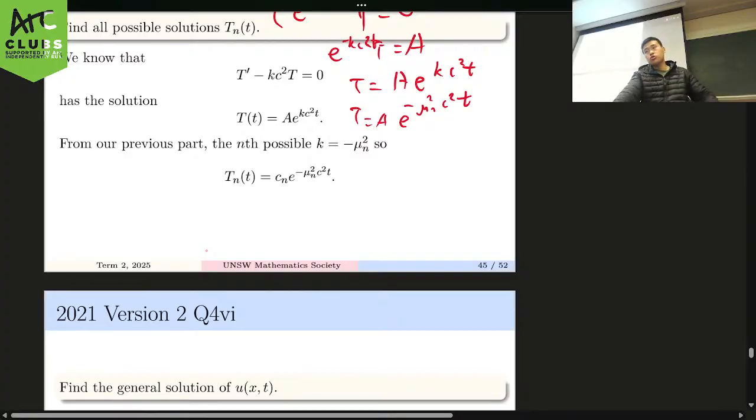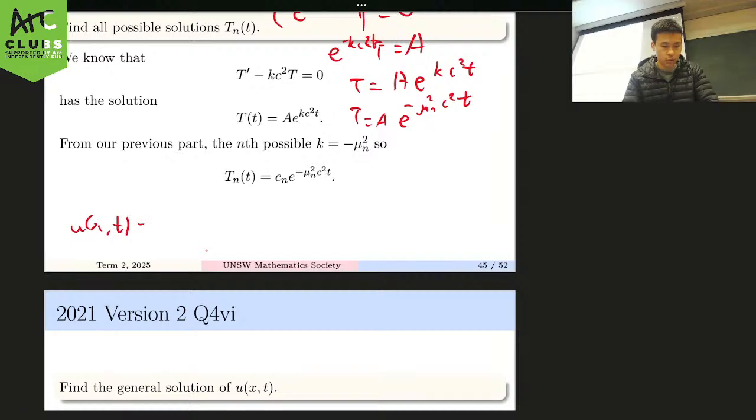So find the general solution of u. Remember that u was equal to the product of the X of x's and the T of t's. So the product of them is our solution.